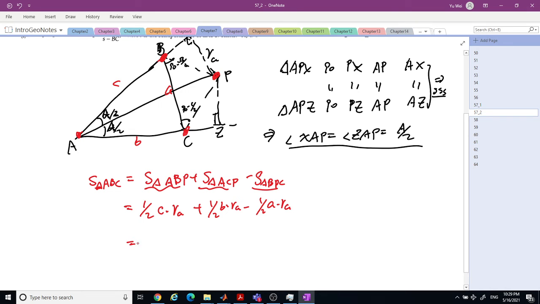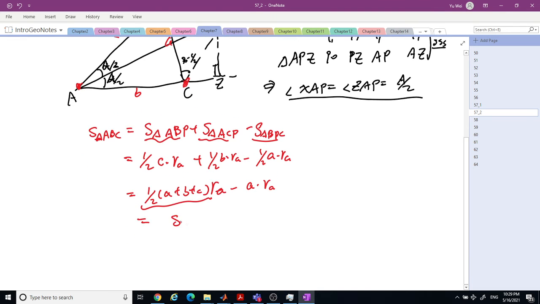Right, so you can see it's half of the A plus B plus C, then times RA, then minus the A times RA. So this is the S, right? Half of the perimeter. So S minus A times RA.